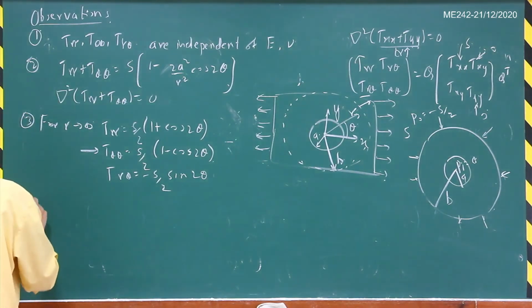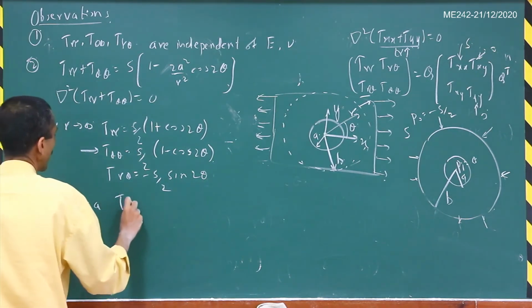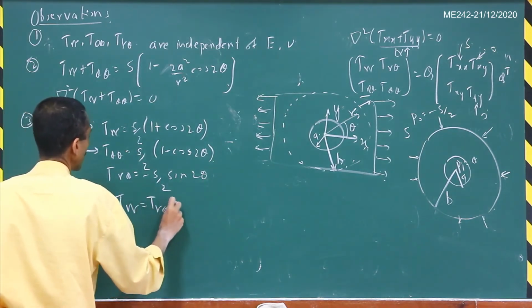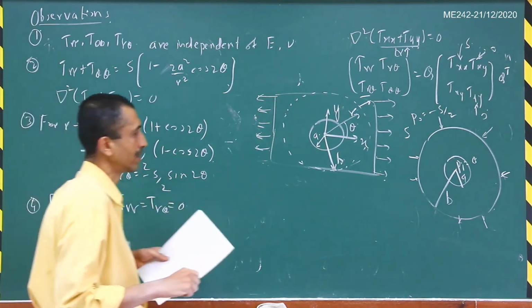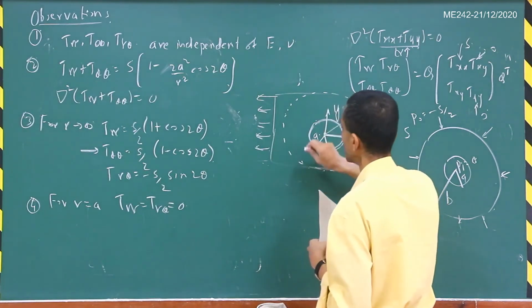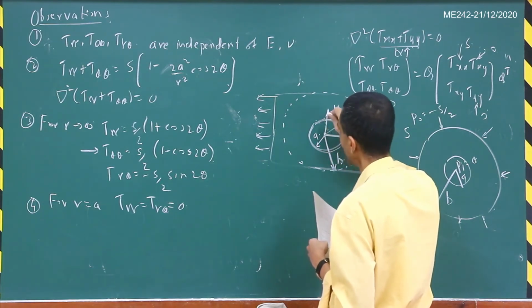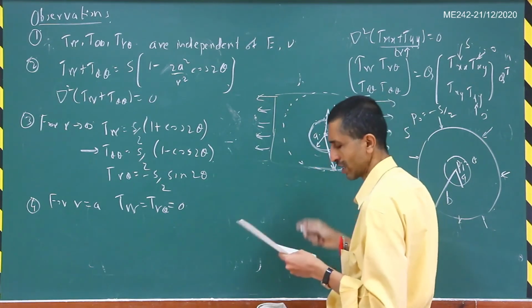So for r equal to a, you will get tau r equal to tau r theta equal to 0. So that is just the boundary condition, right? Because the surface of this hole is traction free, so Tr and T theta are 0, and Tr is equal to tau r and T theta is equal to tau r theta, and so those things are equal to 0.